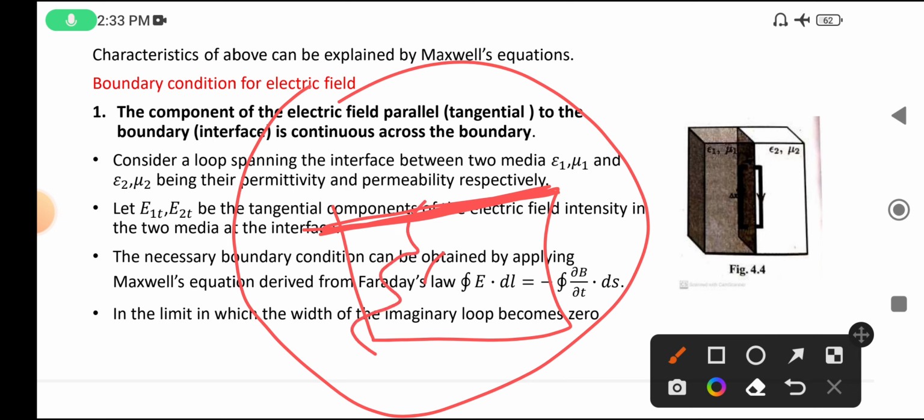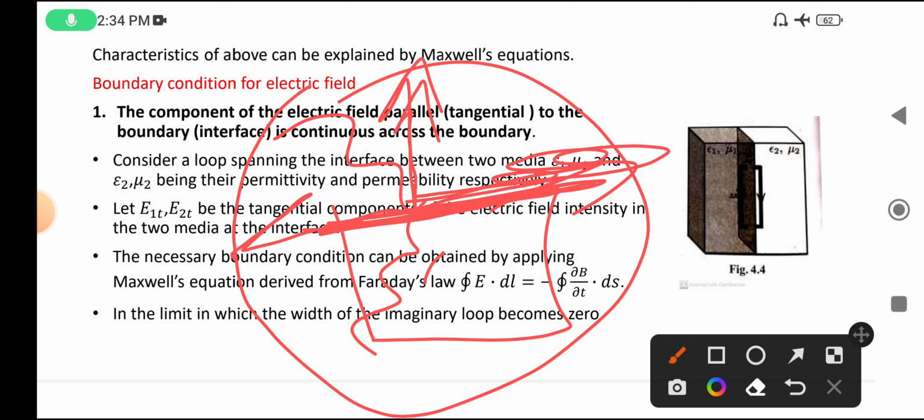Then part of the electric field will be like this, and the remaining part is in this direction. This is parallel to the boundary, and this is perpendicular. Or we can show it going downside, outside also.